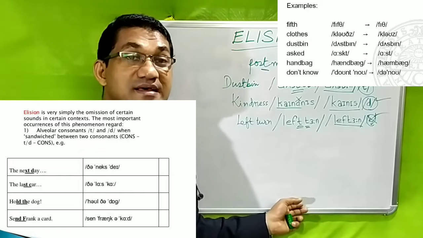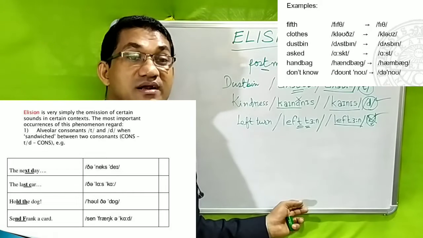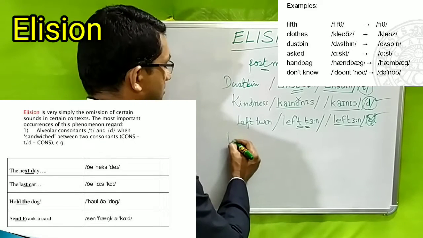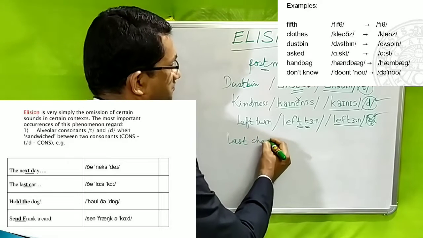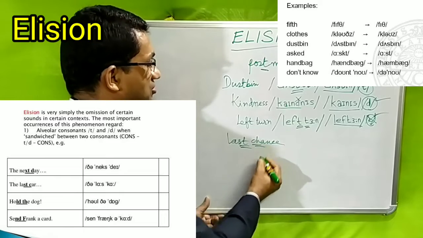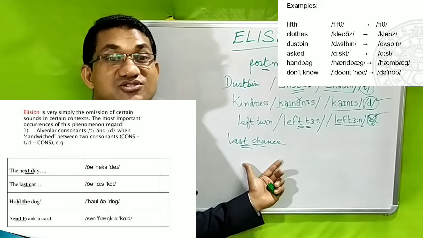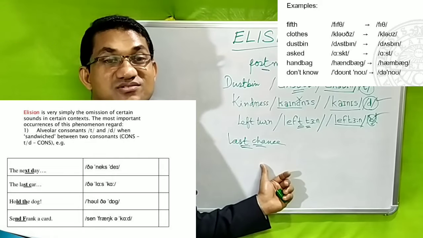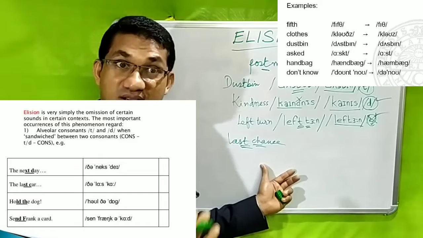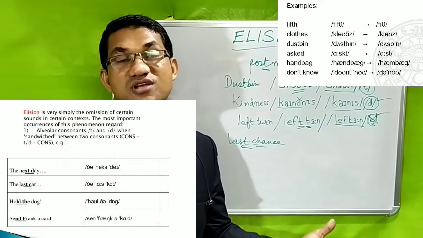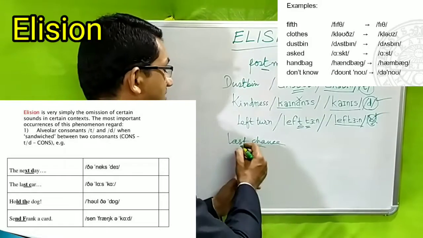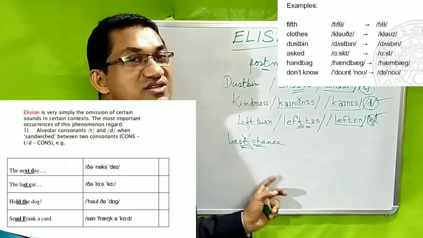Similarly, you have another context of word boundaries, like last chance. When you say last chance slowly, you hear the t, you also hear the ch. In isolation, yes, but in connected speech, you only hear last chance, and you are dropping that t.